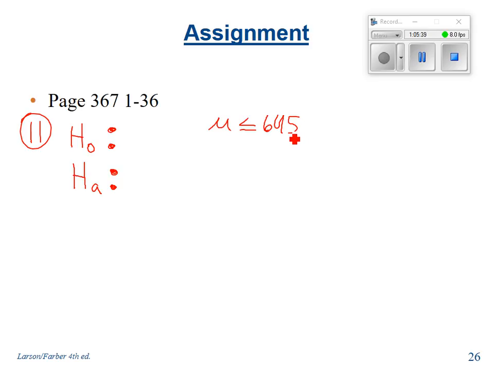Can we put that in as our null or as our alternative? Null. So we put that in here. And that's the claim, so we're going to label it claim. That's the original claim. What's our alternative hypothesis going to be then?